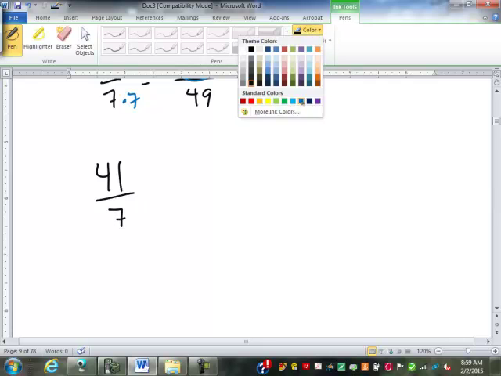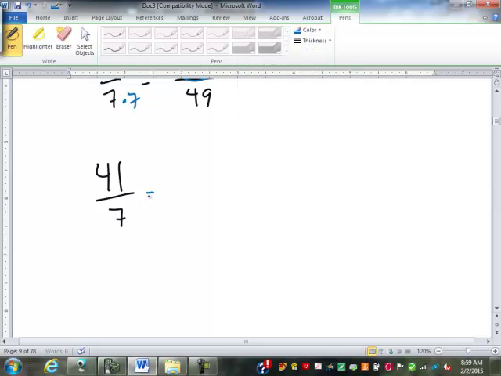How about this one? Let's turn it into a mixed number. Doesn't work. Sure it does.